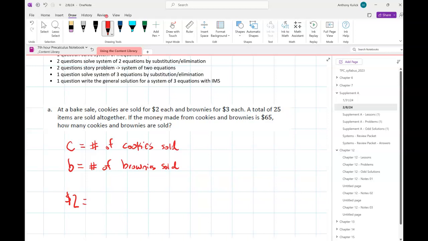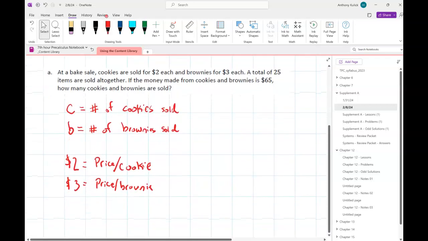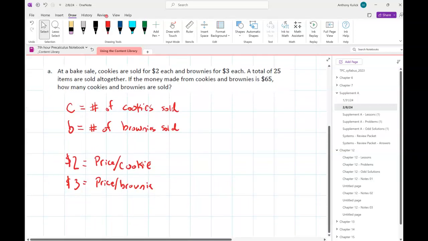Price per cookie, right? It's a rate or the cost per cookie. And what's the $3 then? The cost of the brownie. Yeah, price per brownie.